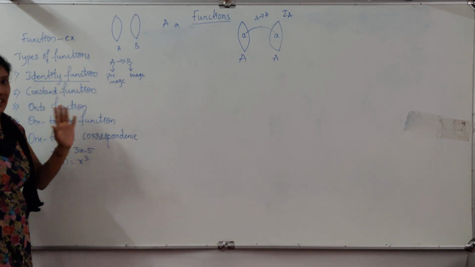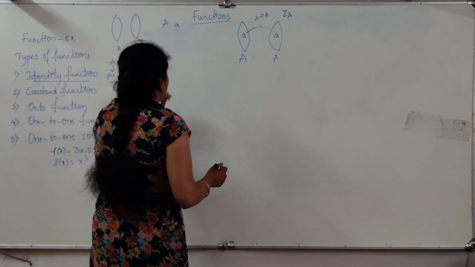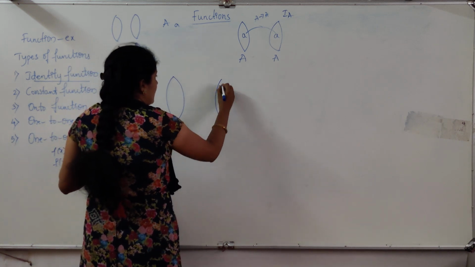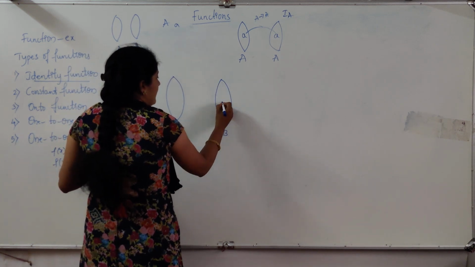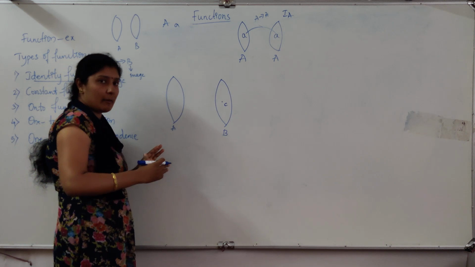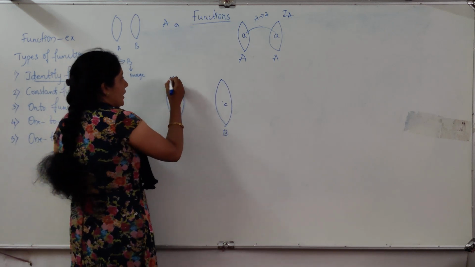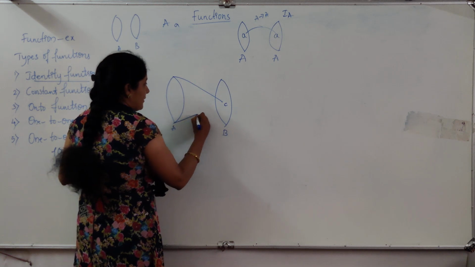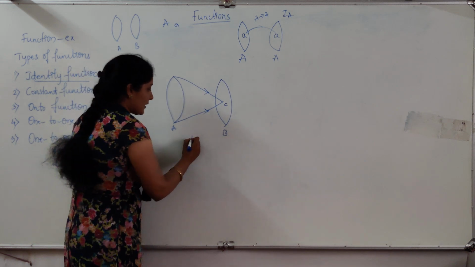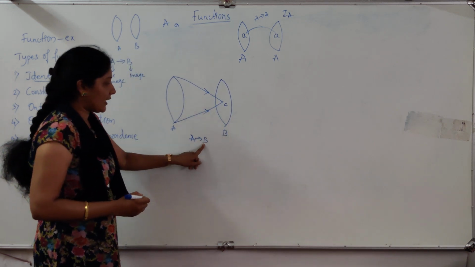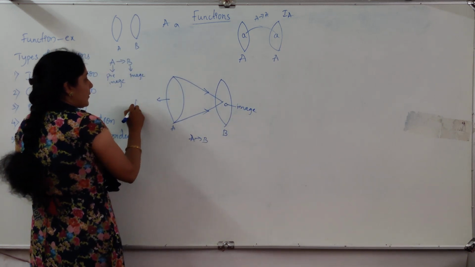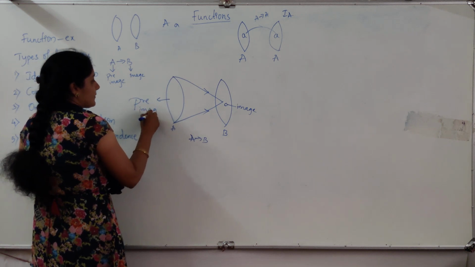Next, constant function. I'll show you with the diagram first. See, this is set A and this is set B. There is only one element in B, that is c, and there are n number of elements in set A. As we know, in a relation from A to B the element of B is the image and the elements of A are the pre-images.